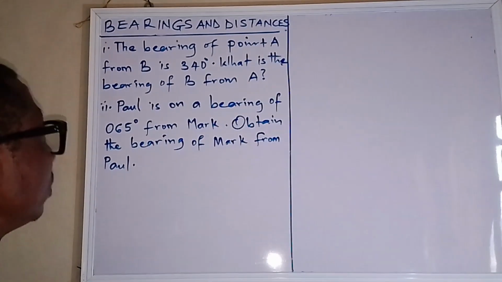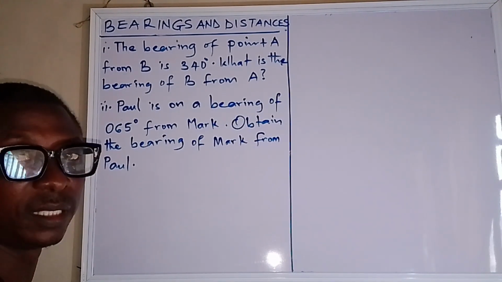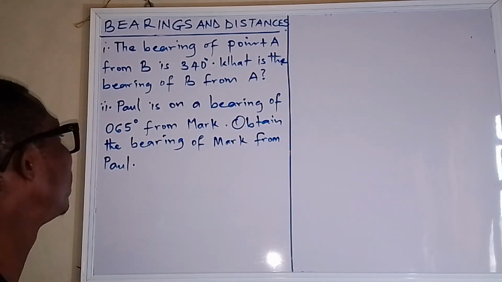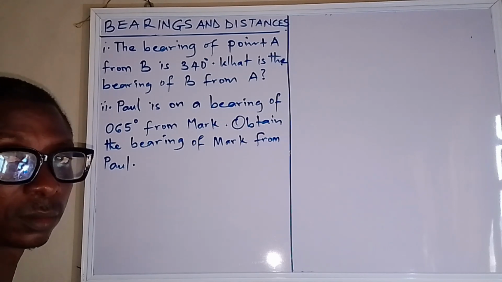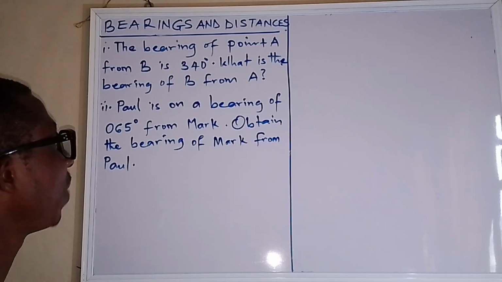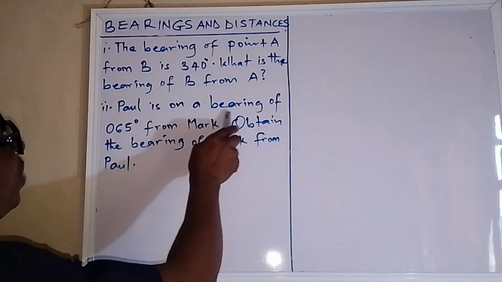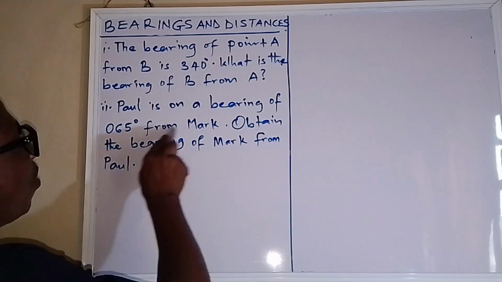Now Paul is on a bearing of 65 degrees from Mark. Obtain the bearing of Mark from Paul. Now let us look at what we have. Paul is on a bearing of 65 from Mark.